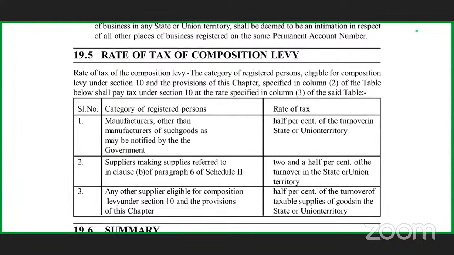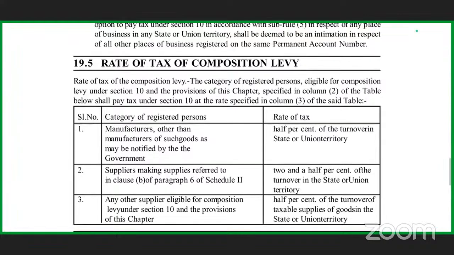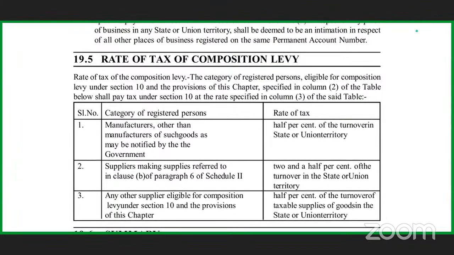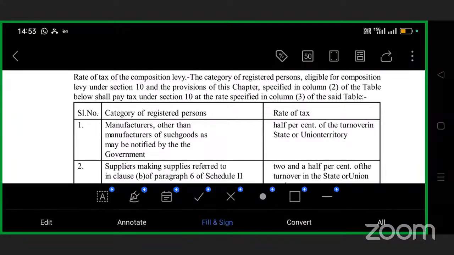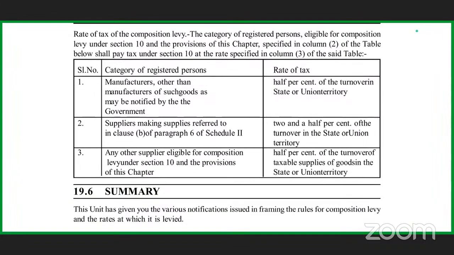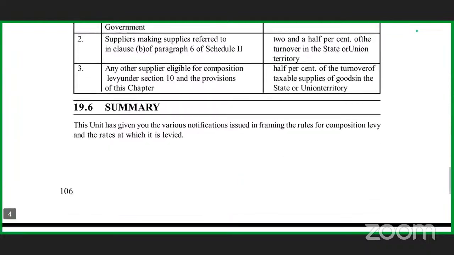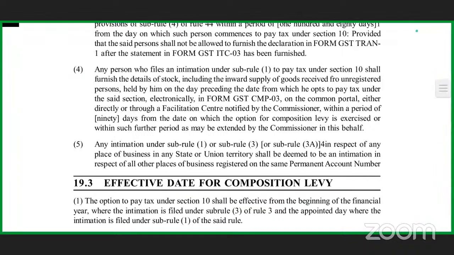And suppliers making supplies referred to in clause 6 of Schedule 2 of the Act are taxed at 2.5%. Any other supplier eligible for composition levy under section 10 and the provisions of this chapter also pays 0.5% tax on the total turnover of taxable supplies of goods in the state or union territory. So this is about the CGST composition.